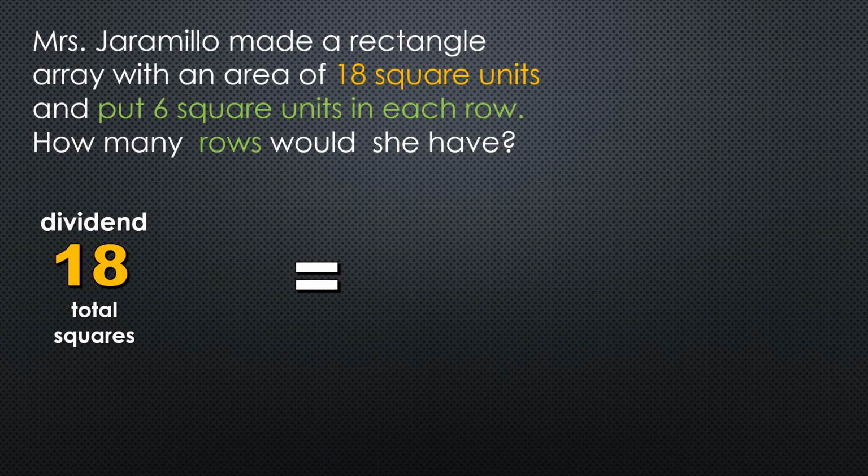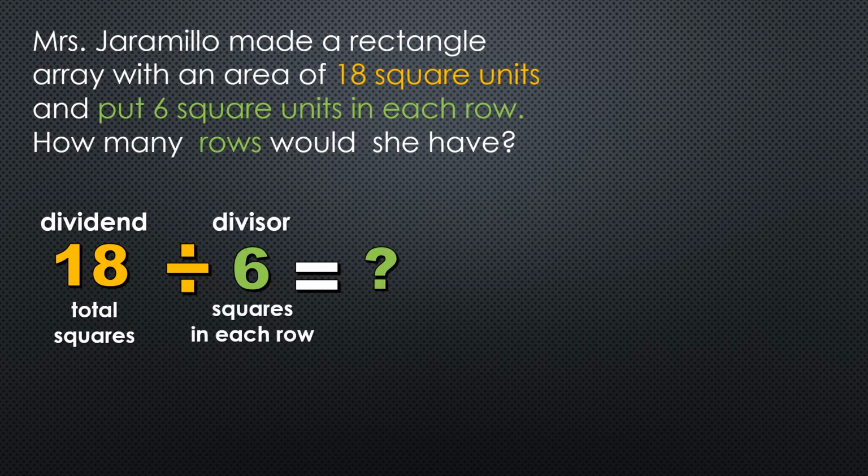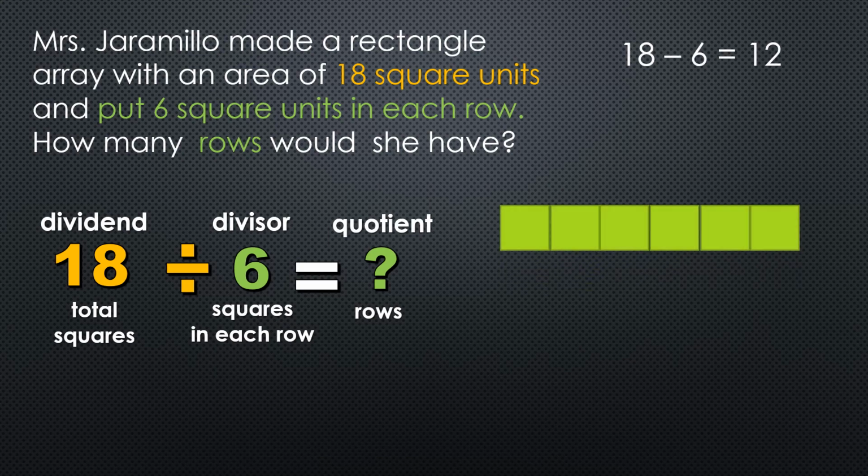So our dividend is 18 total squares. We're going to break them apart into rows, but we know how many are in each row. So we start with taking out 6 squares, and we want to know how many rows we're going to get. So we start off with 18, take out 6 squares, and now we're left with 12 squares.